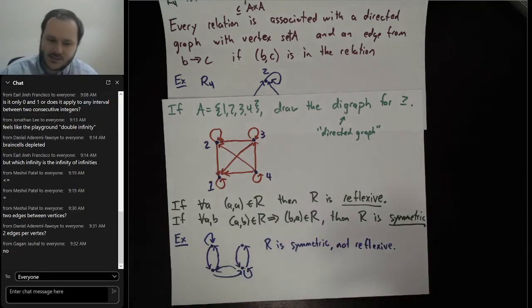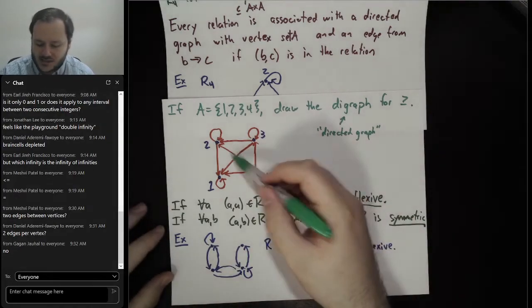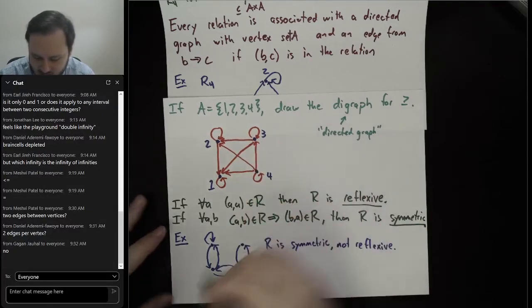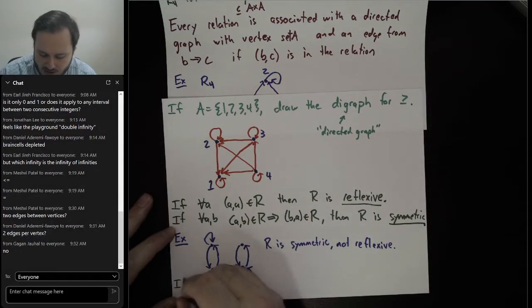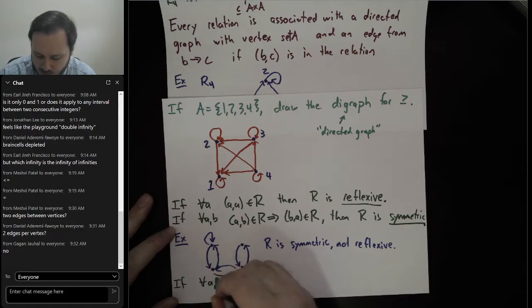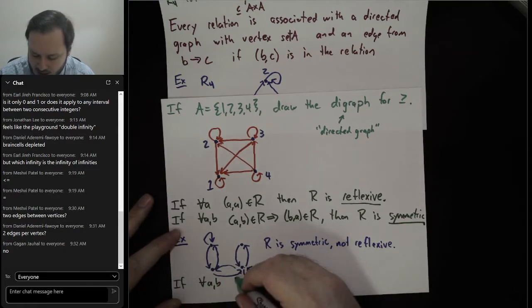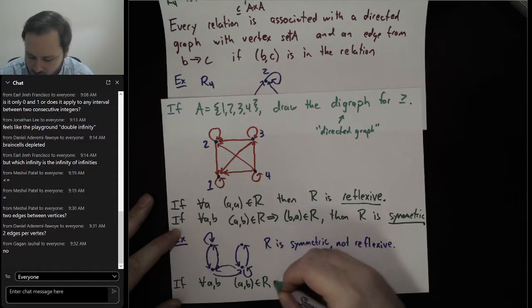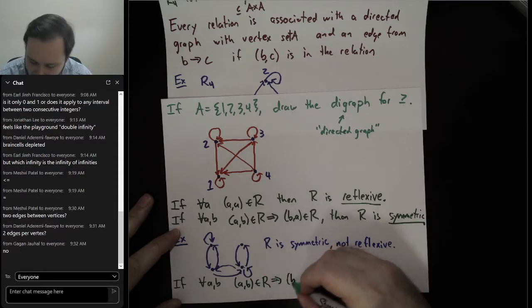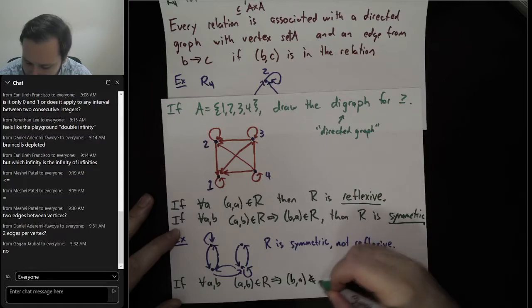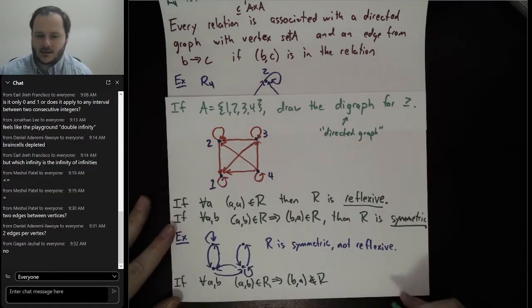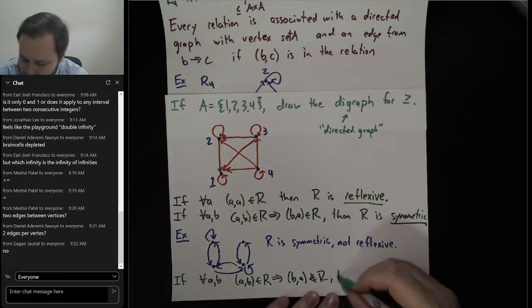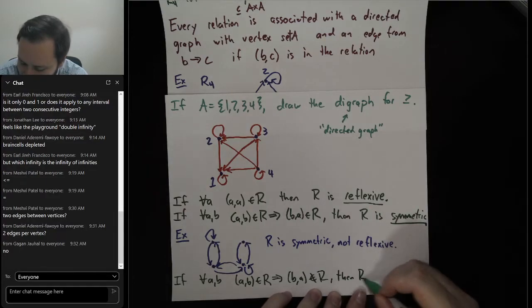Then you're not quite symmetric, but you're not as non-symmetric as this. So if for every A and B, if there's an arrow from A to B, then there's not an arrow from B to A, then R is antisymmetric.